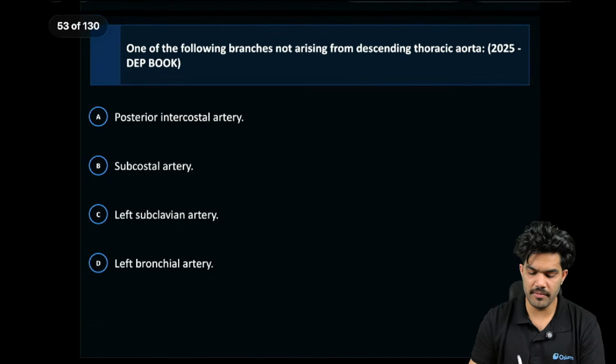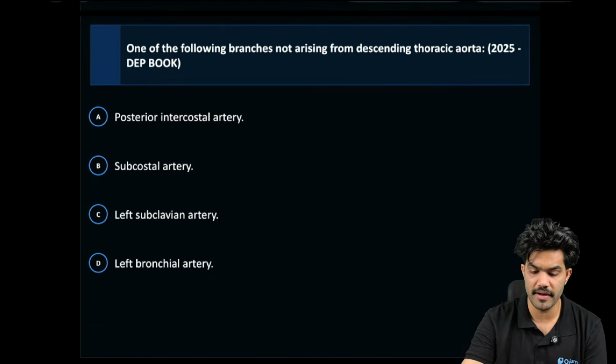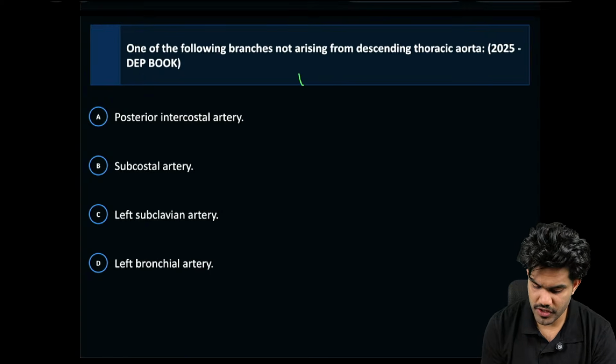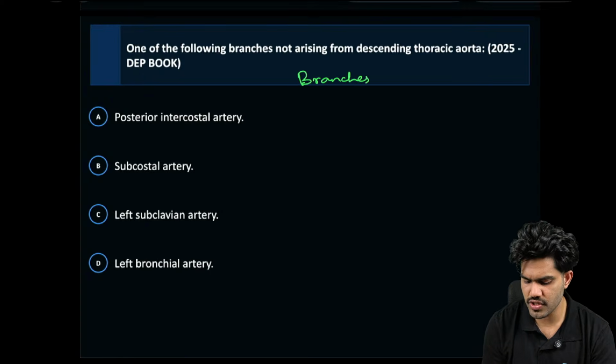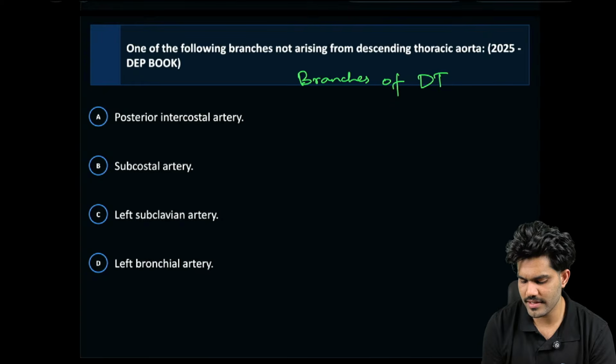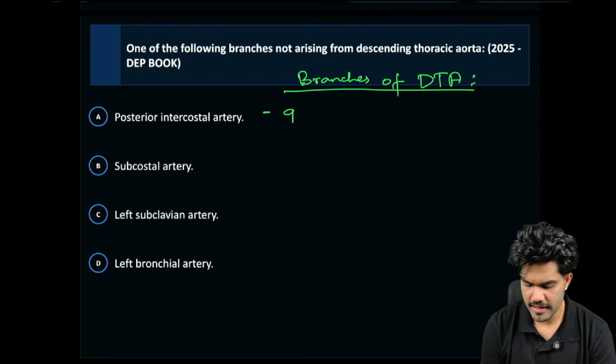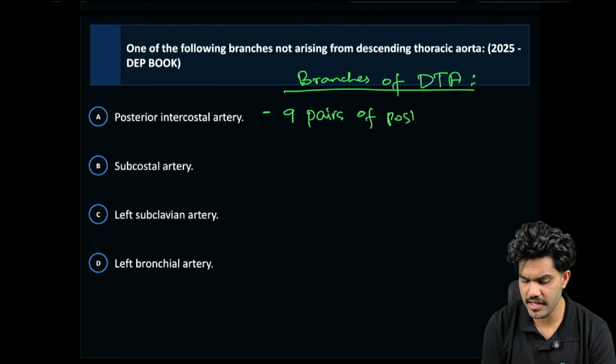One of the following branches not arising from descending thoracic aorta. Let's talk about branches of descending thoracic aorta. How many branches it gives? First, 9 pairs of posterior intercostal artery.